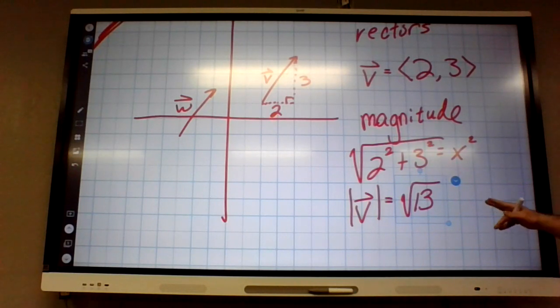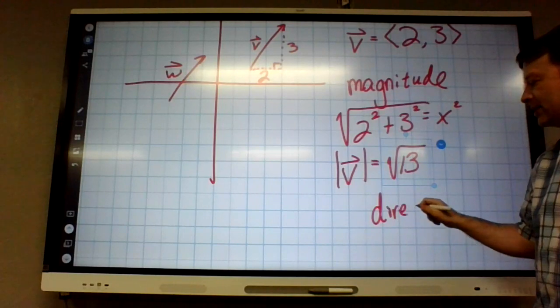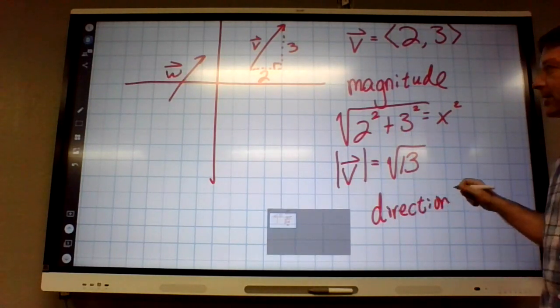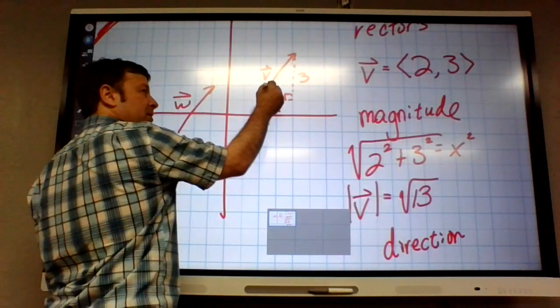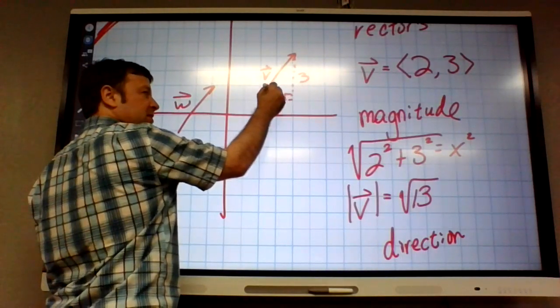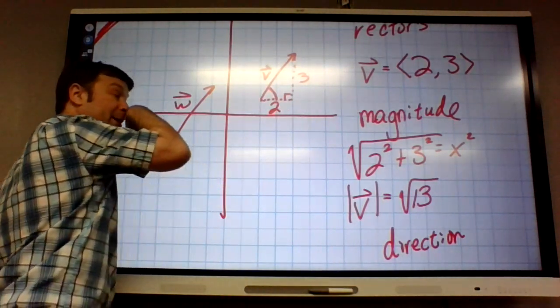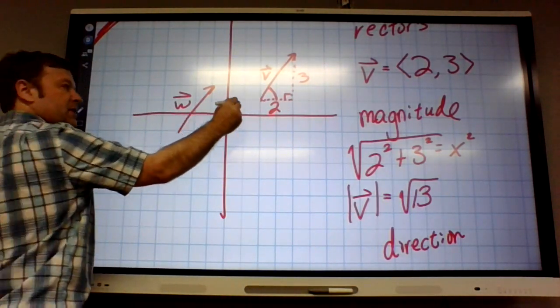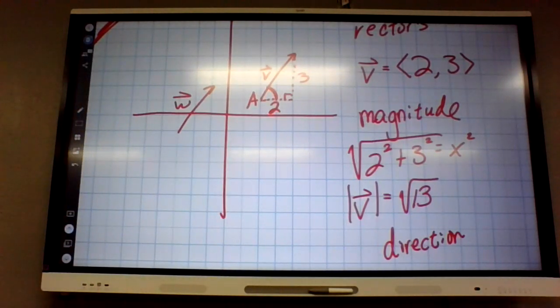The other thing that we're going to do today is direction. By direction, we're going to say, from the horizontal, how many degrees up is this? So from this horizontal line, how many degrees above that line is it? How would we find this angle right here? Trigonometry. How did we do that with trigonometry?